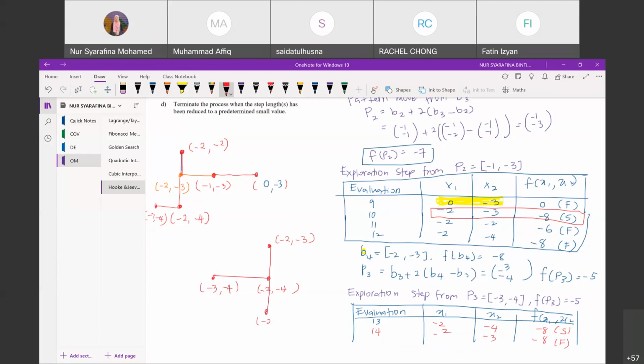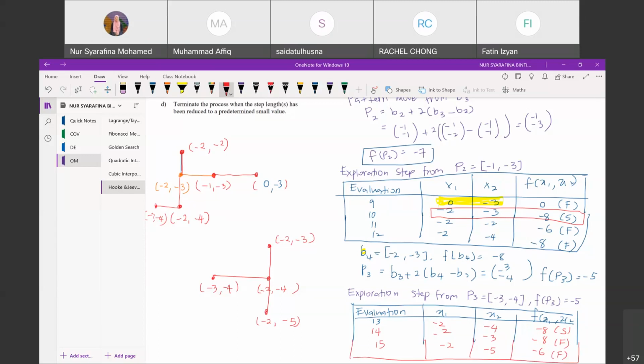So this is -2 minus 5. Then this one becomes -6, which is increase. Okay, then we have here failure. So stop at that.